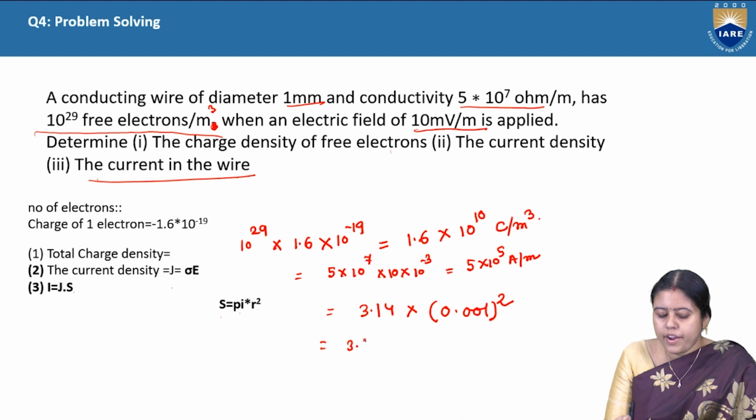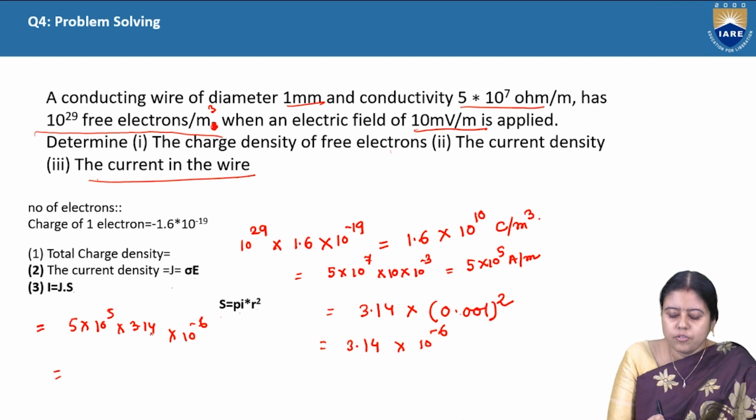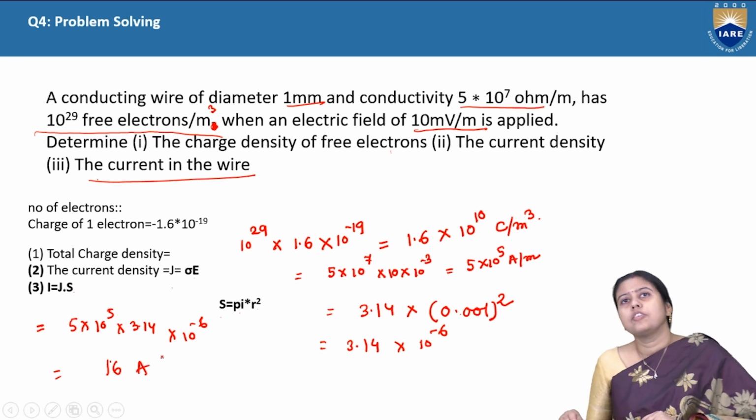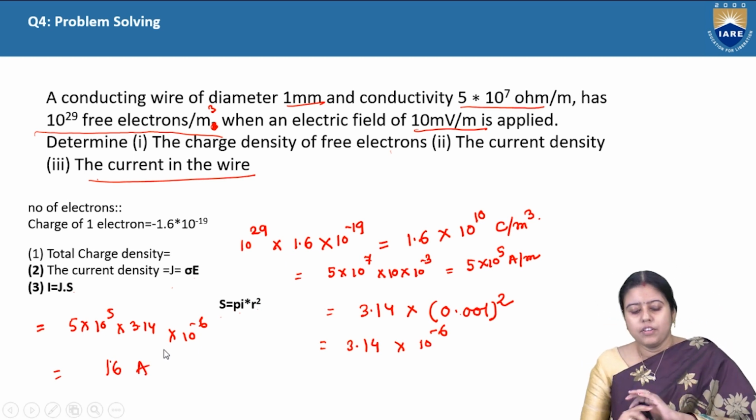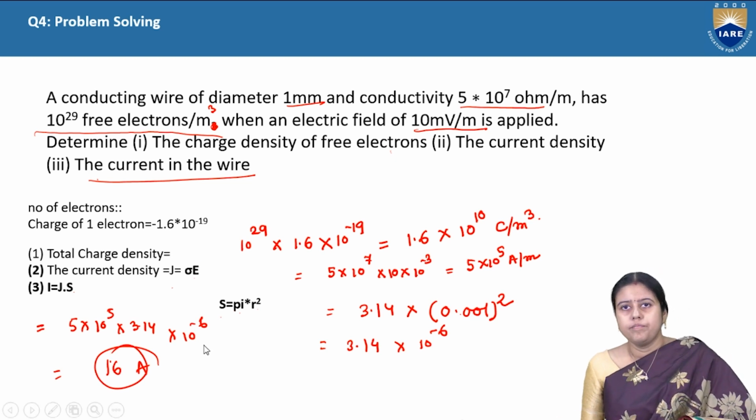So 3.14 into 10 to the power minus 6. So what is the current? 5 into 10 to the power 5 into 3.14 into 10 to the power minus 6. So it will come to near about 1.6 amps.